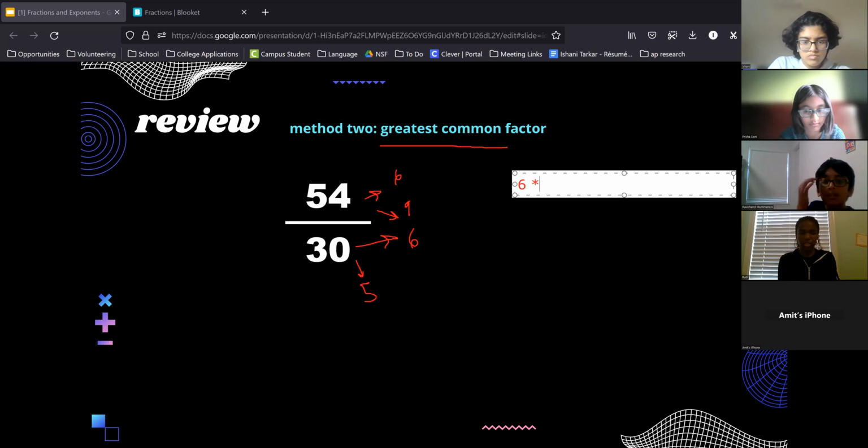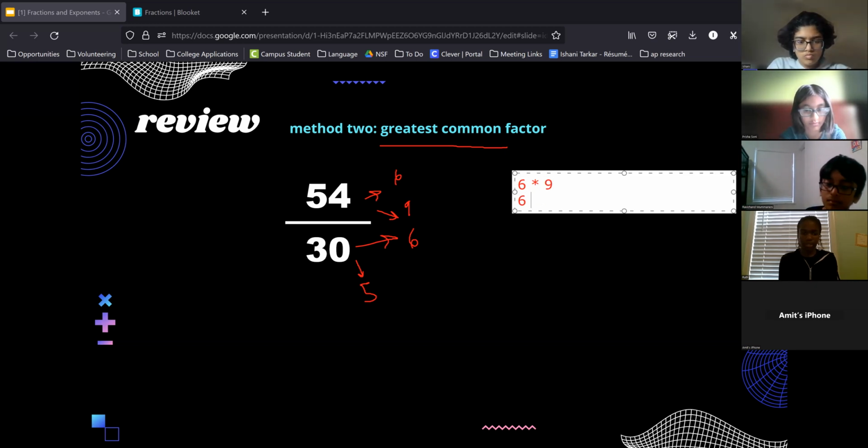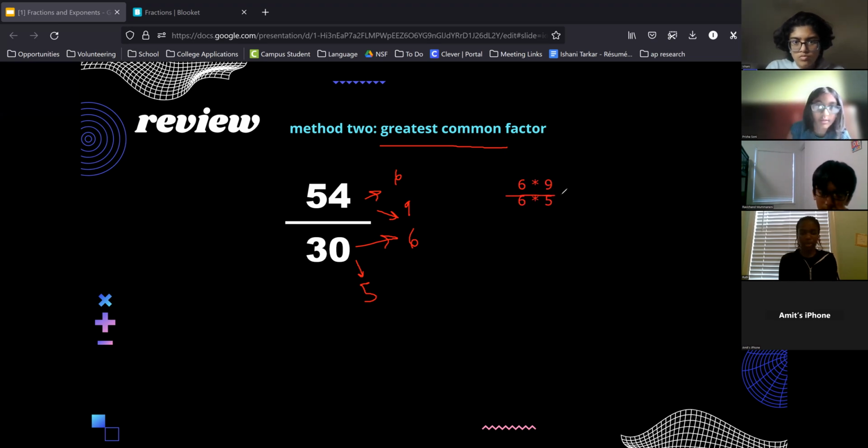Between the two, there's a common factor of 6. Similarly to the last one, since there's a common factor in the numerator and the denominator, you can cancel them out. The simplified fraction would be 9 over 5. You know you're done because 9 and 5 don't have any common factors.